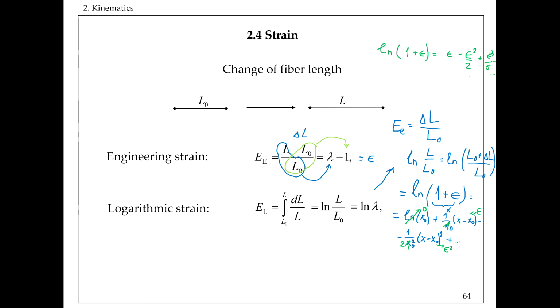But what we are saying here, right? If we look a little bit more closely into what we obtained, into this engineering strain, the first term is exactly as engineering strain, so this is logarithmic strain, right? So the first term is exactly as engineering strain. The second term is a quadratic term.